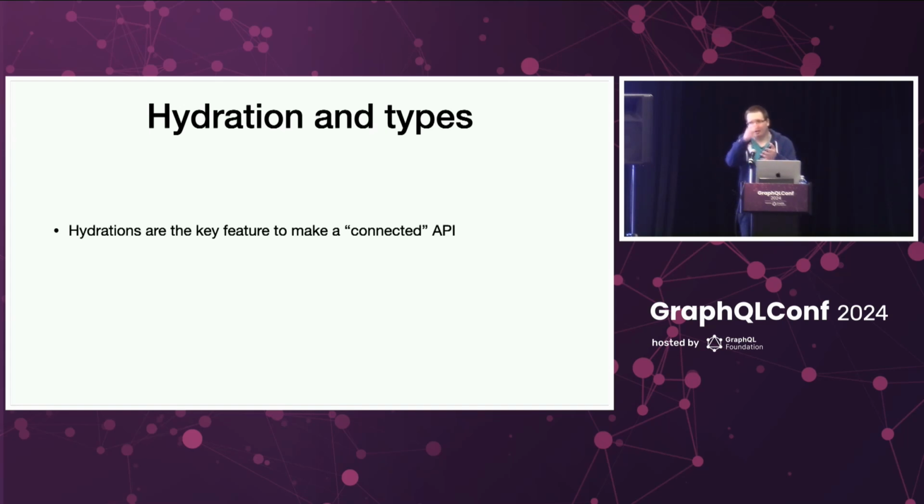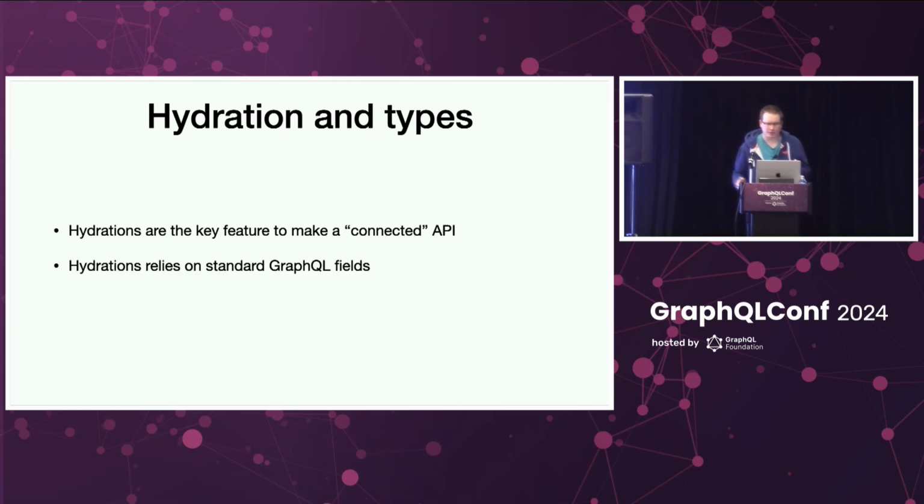That the client can navigate and select: for this order I want the user, and for this user the name, and so on. So you want to traverse and have a connected API. Hydration is the key feature that makes it happen. Hydration takes data from one service, transforms it, and presents it as an interconnected overall API.